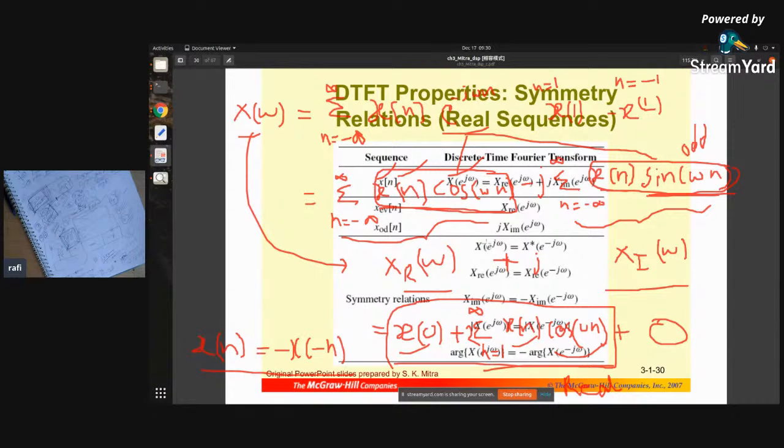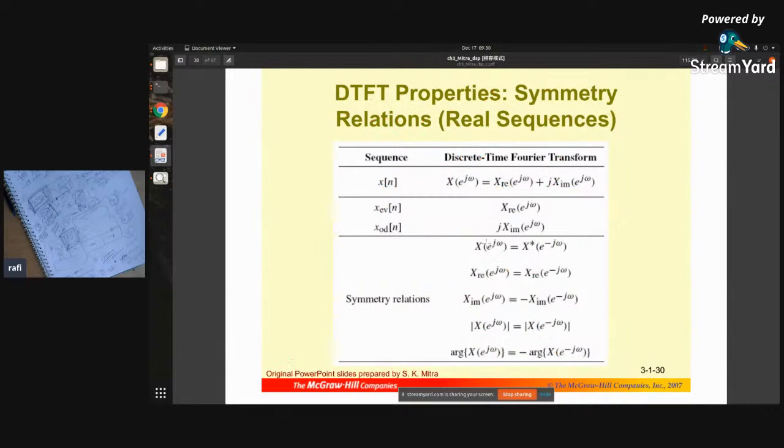Is it clear? So if x of n is an even function, the DTFT is always real. In the same way you can find it for an odd signal by yourself.